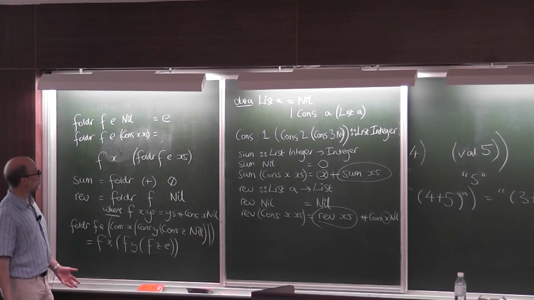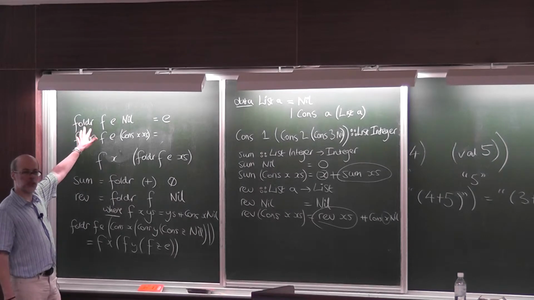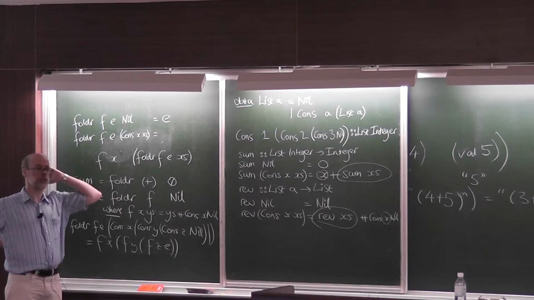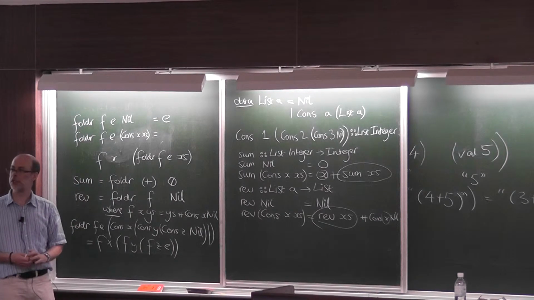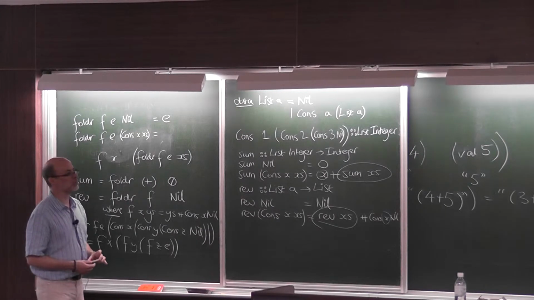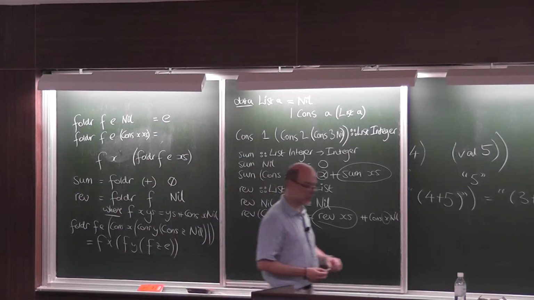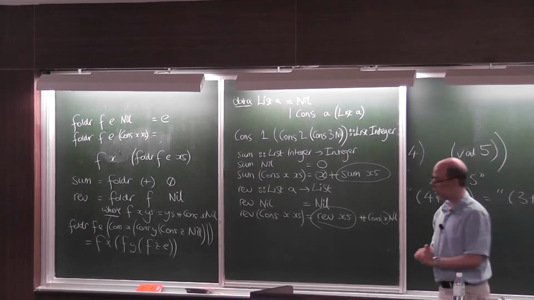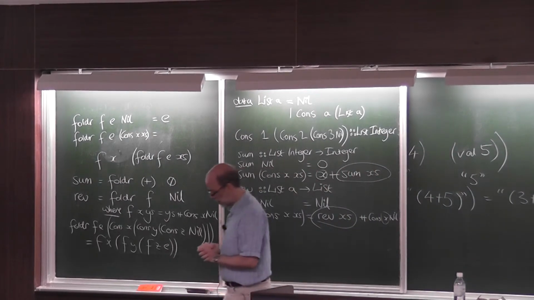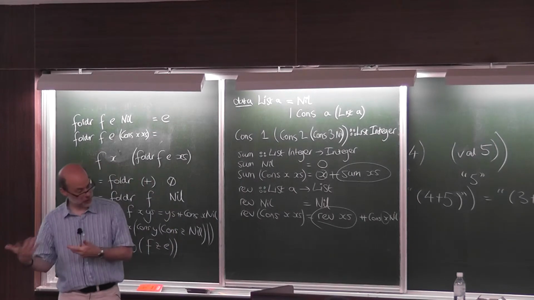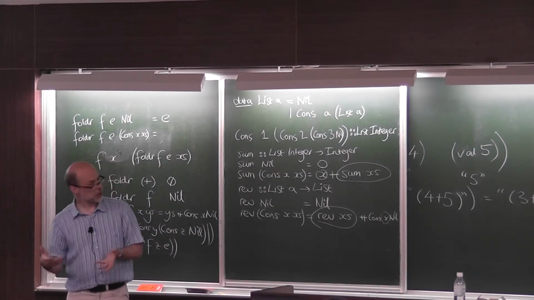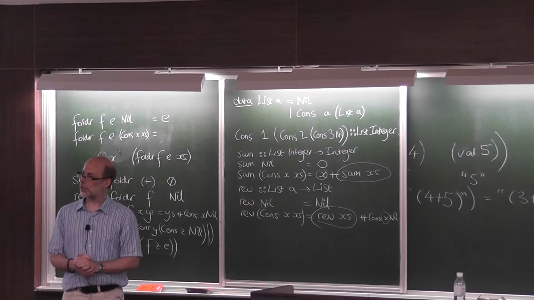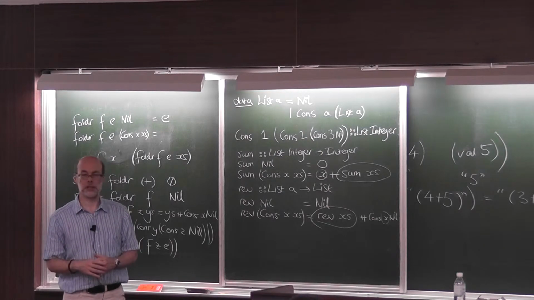And even better, you can actually read this fold R function as a definition of the data type. That's called a Church encoding of the data type. I'm not going to say any more about that, but I will say this thing about deep embeddings, shallow embeddings, and the connection to folds, I think it's really interesting.